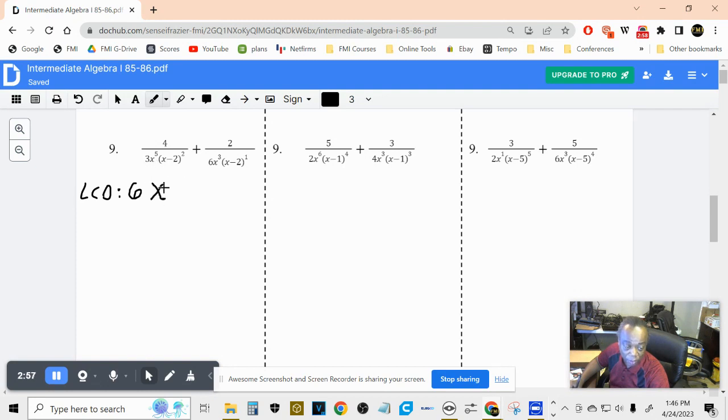So we'll put in the 5 x's right there. Okay, now x minus 2's. There's 2 x minus 2's here, but only 1 there. We're going to choose the larger number, which is x minus 2 to the second. So we'll put x minus 2 to the second. And we're done finding the LCD.